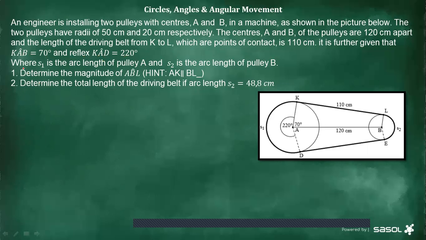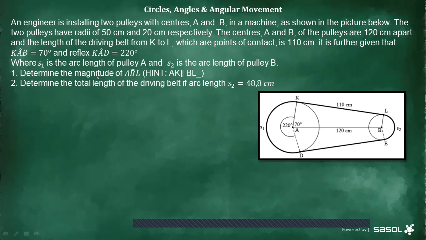And then it says where S1 is the arc length of pulley A. You can see this is the pulley A, the arc length. And then S2 is the arc length of pulley B.